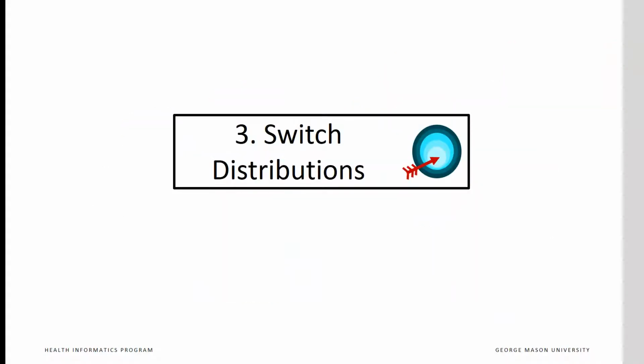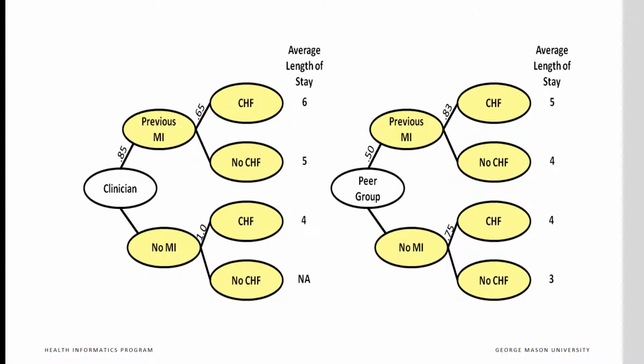In calculating the expected outcomes for this peer group, the distribution of peer group's patient is switched with the distribution of the clinician's patients. In this fashion, the analyst simulates the performance of peer group on the same patients that are seen by the clinician. The switching of distribution is done by replacing the peer group's probabilities with the probabilities from the clinician's patients.